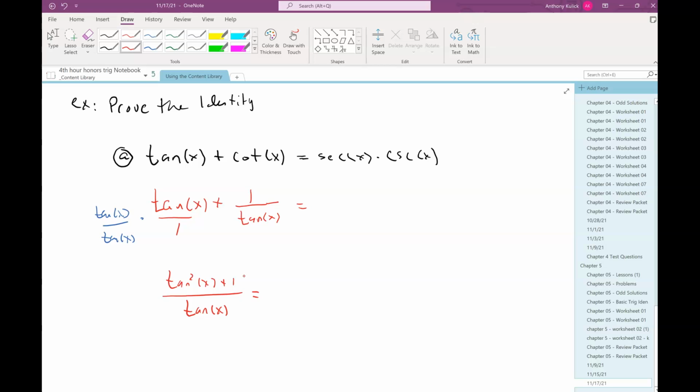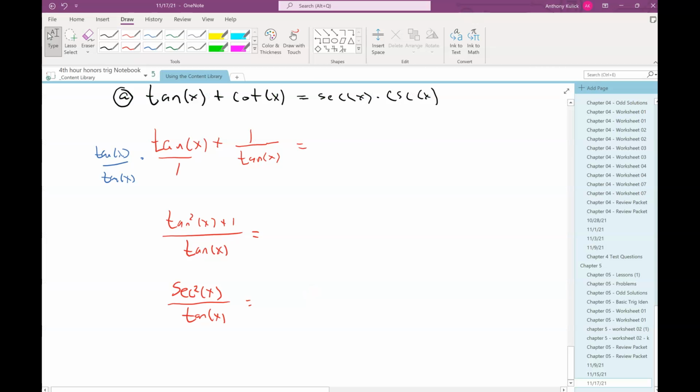Specifically, we have one that says tan squared plus 1 is secant squared. Anybody with an idea now?